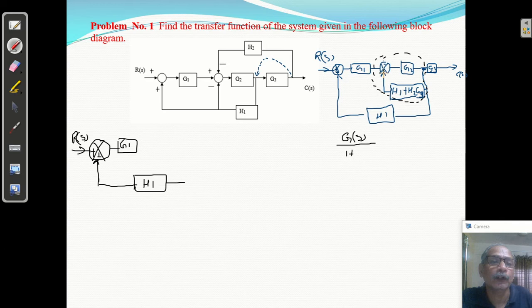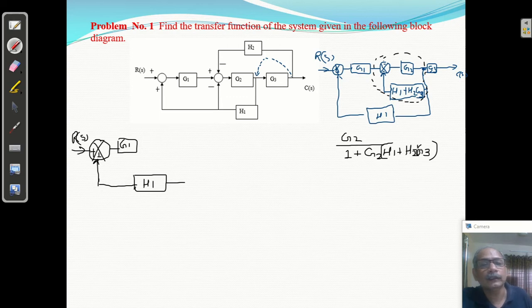plus, because it is a negative feedback, so plus, sorry, it is G2, sorry, just wait. Okay, so this GS is G2 upon 1, it is a negative feedback, so plus GS into HS, that is G2 into this H1 plus H2 G3, GS upon 1 plus GS HS.